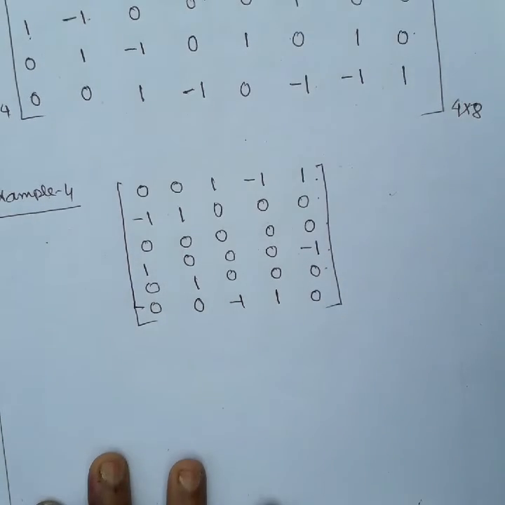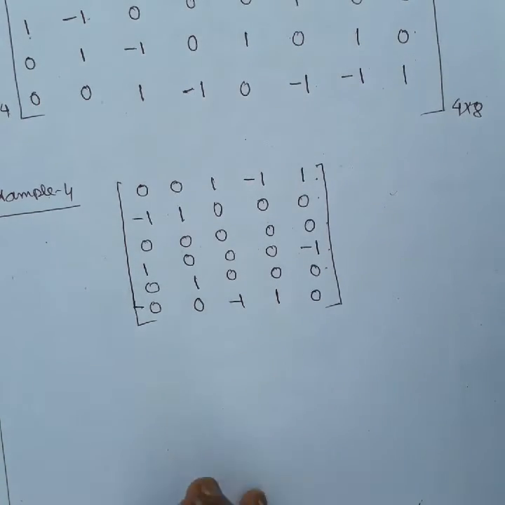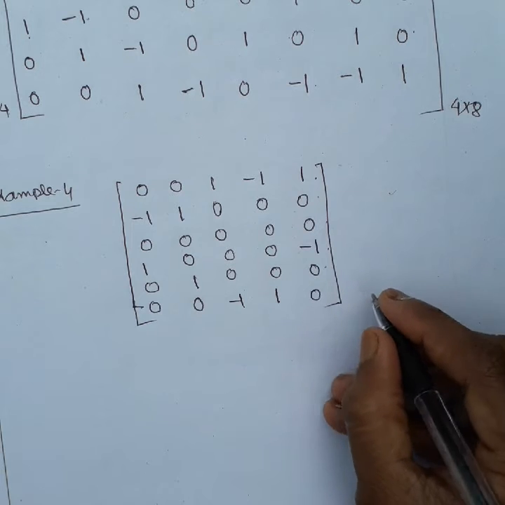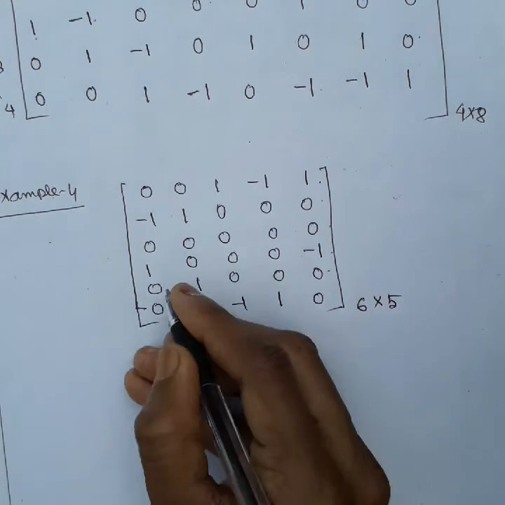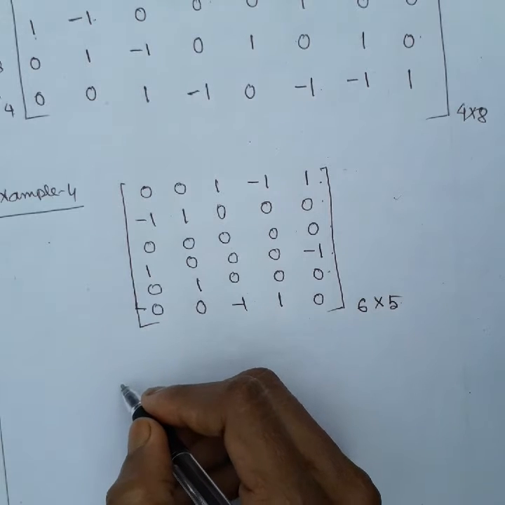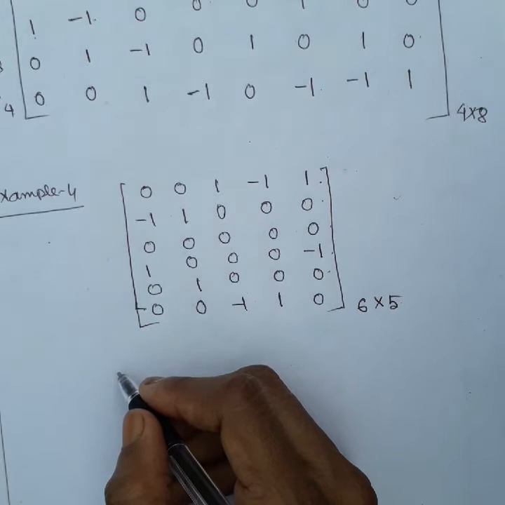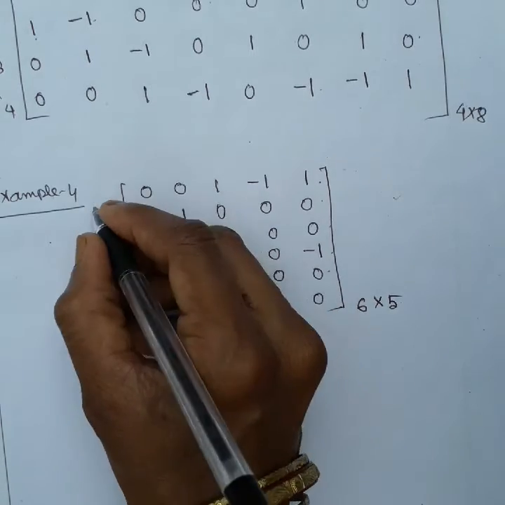Okay, this is our matrix, and here the number of rows is 6 and the number of columns is 5. So the matrix is a 6 by 5 matrix. That means the number of vertices is 6 here and the number of edges is 5.